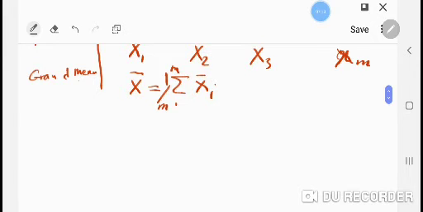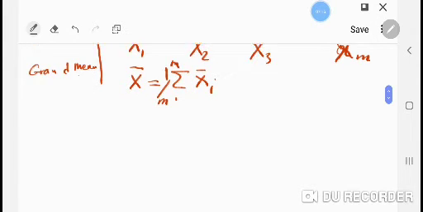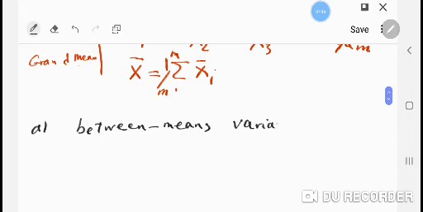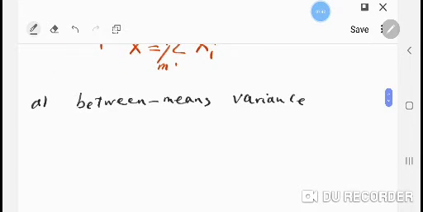Two variances are calculated as follows. One, the observed variance of the treatment means about the grand mean, that is called between means variance, calculated by this formula.